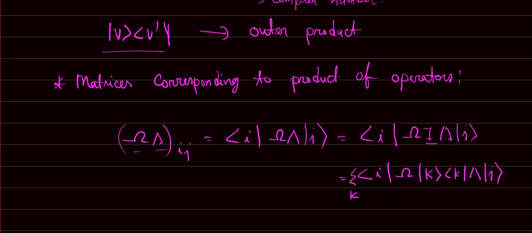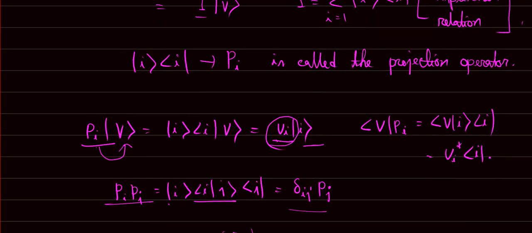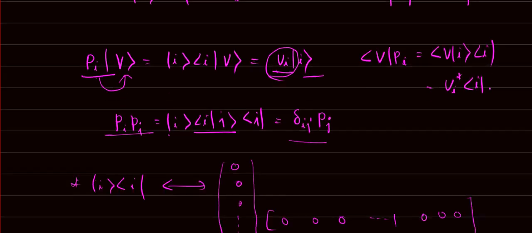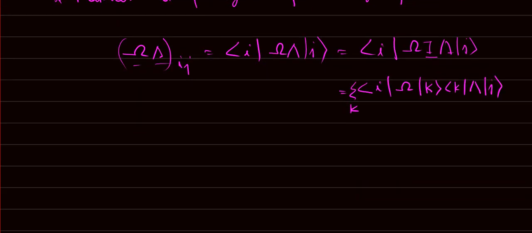This is the completeness relationship here. Now this thing is the matrix elements of omega in the basis. Thus the matrix representing the product of operators is the product of the matrices representing the operators.